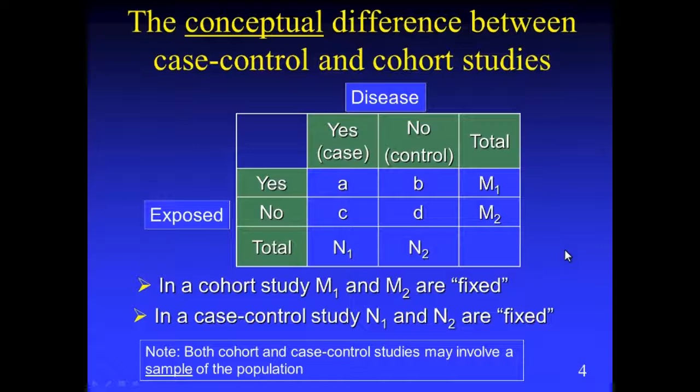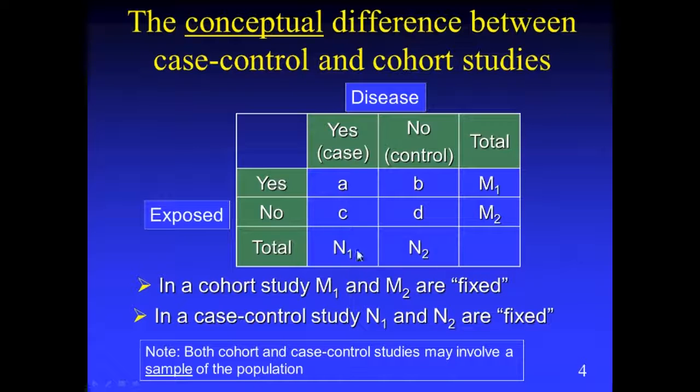We've already talked about cohort studies, where we usually compare an exposed group, the total of which is M1, and an unexposed group, the total of which is M2. Conceptually, we can think of a cohort study in terms of M1 and M2 being essentially fixed, and the question is how many A's we get out of M1 and how many C's we get out of M2, A and C being the disease cases. If we look at it from the other angle, in a case control study we're doing the reverse.